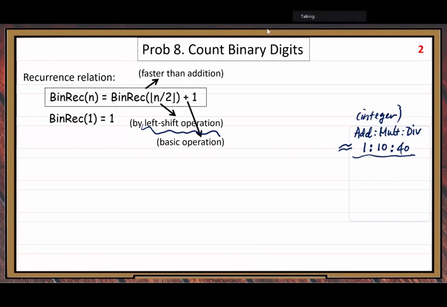Now we try to solve the problem. Here we simplify this function slightly. We define a function A(n) as the number of additions, because when we do the +1, we do an addition operation.